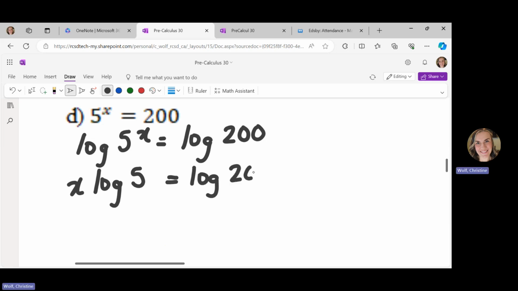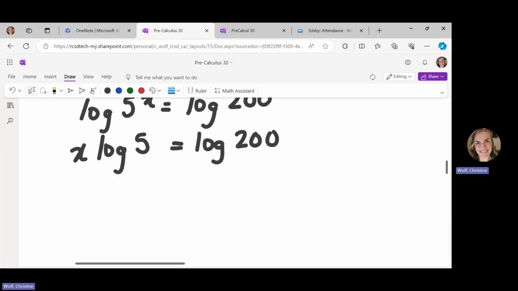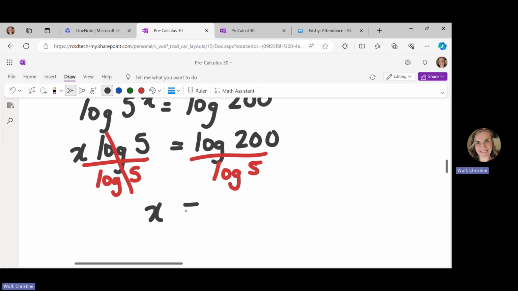And this is what I got. Now, to solve for x, your goal is to always get everything away from x. So just like we would do if there was anything else attached to x, we would divide it off. Once you do it to one side, you do it to the other side, and you have x equaling, it is not the log of 40. Do you hear me?